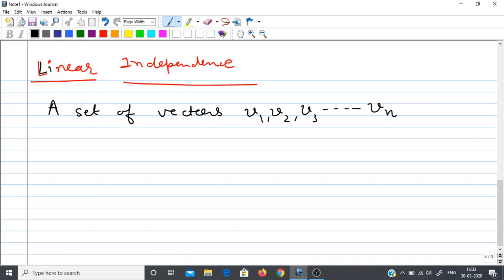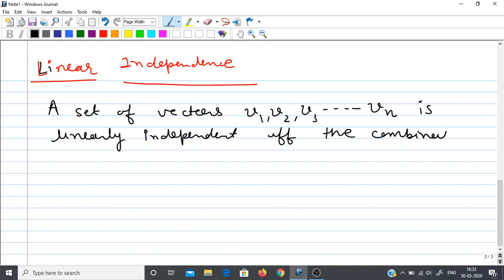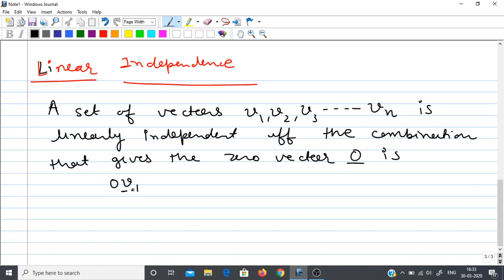So this set of vectors is linearly independent if and only if the combination that gives the zero vector, I represent zero vector by 0 under an arrow, is 0v1 plus 0v2 plus 0v3 and so on up to 0vn.